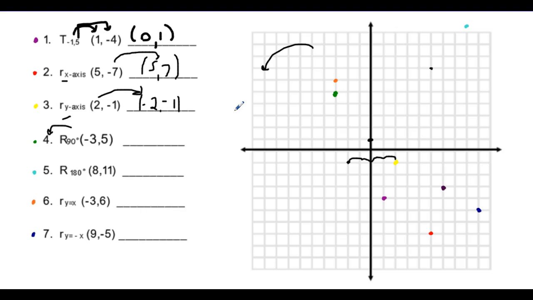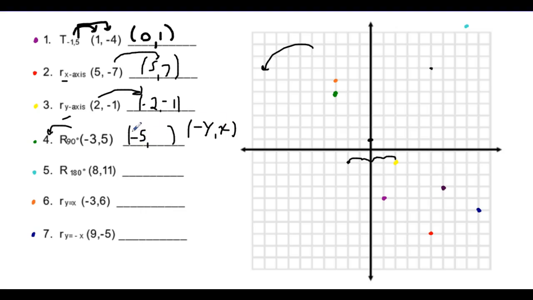The rule for rotating 90 counterclockwise is (-y, x). Now, it may look confusing, but it's really not so bad. I'm going to set up my parentheses. That means I take the opposite sign of the y value and move it to the front. That becomes a -5 and it moves to the front.